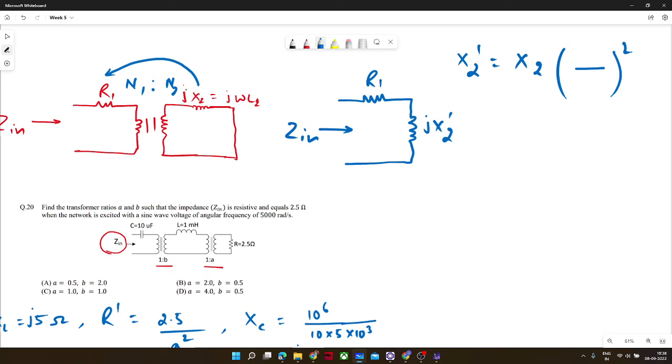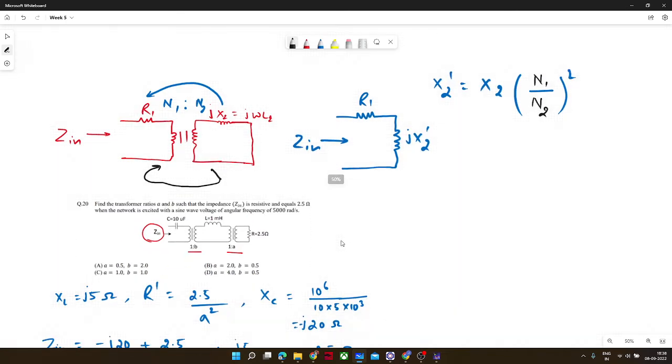N1 by N2 or N2 by N1? If we are moving from this side to this side, the side where we are going, we take in the numerator, that is N1, and the side from which we are going, we take in the denominator. That is the basic funda behind this question. You just need to do the transformation.